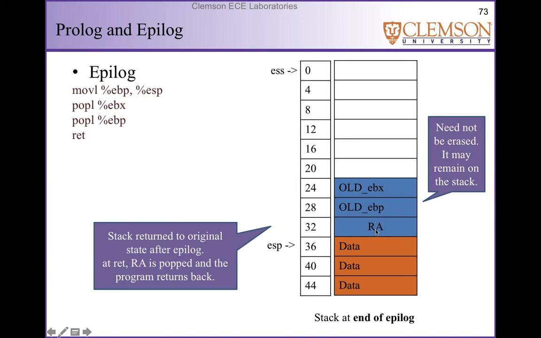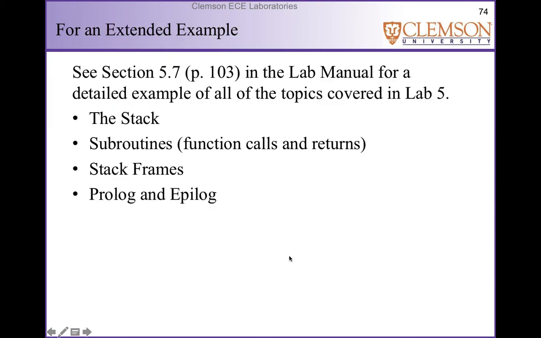So it's a return address, and boom, we can return back to our main code and then start executing more things. So if ESP is not in the correct place, we can't grab this return address. And that's why this movl is very important.